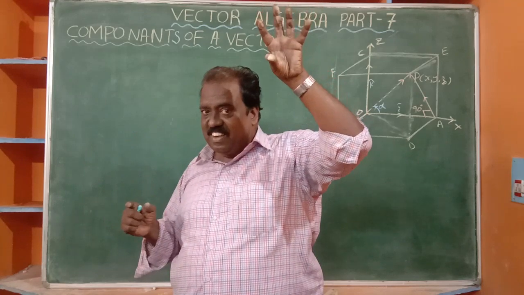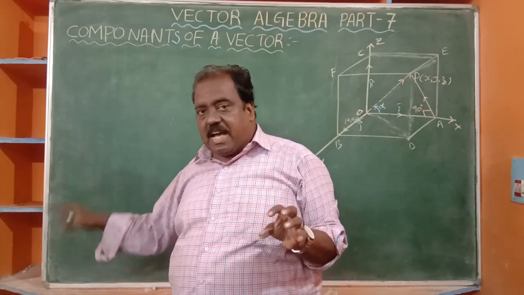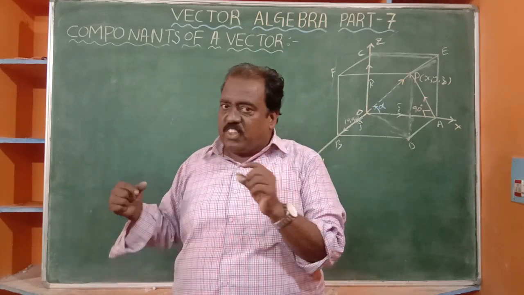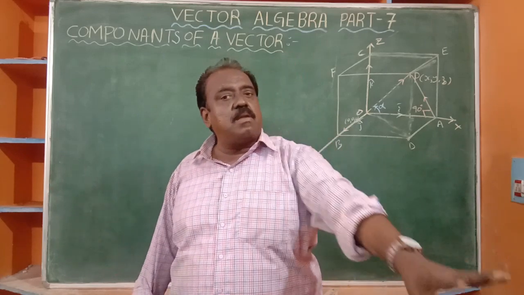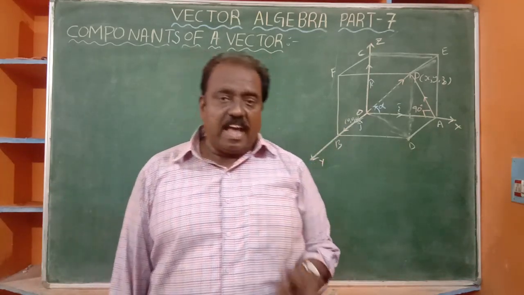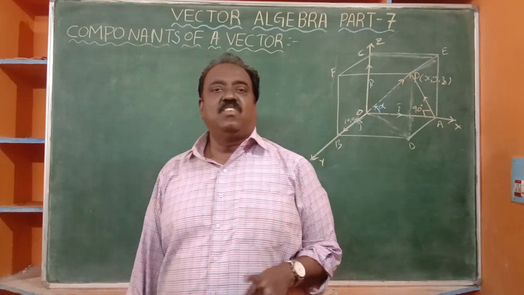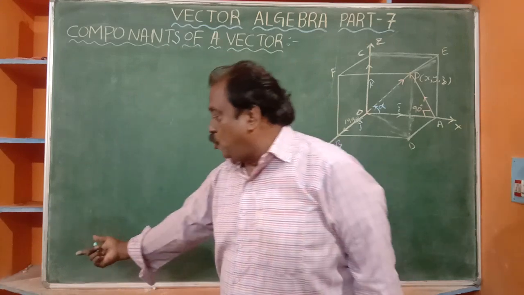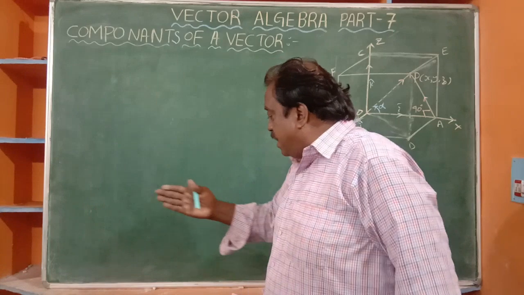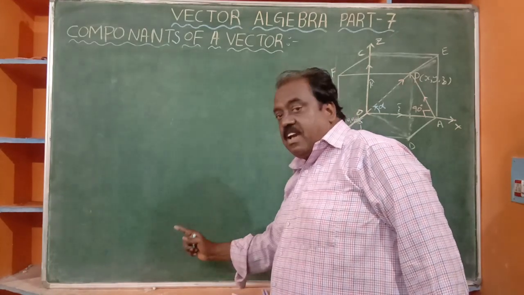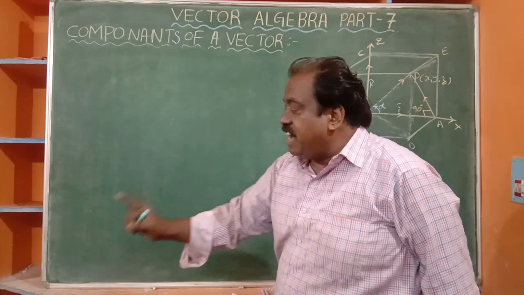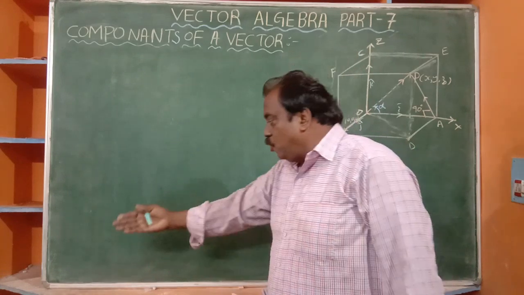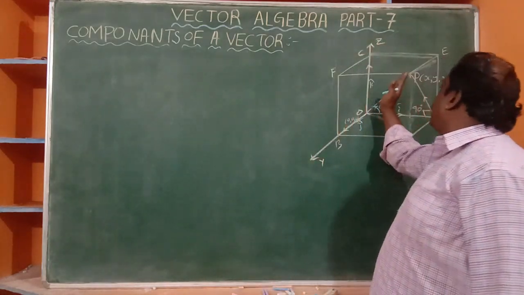Then alpha, beta, gamma are the angles made by the vector OP with the x, y, z axes. Any vector, no doubt, makes angles with x, y, z. Suppose the OP line totally lies on the x-axis. Then it makes 0 angle with the x-axis, and 90 degrees with the y-axis and 90 degrees with the z-axis.